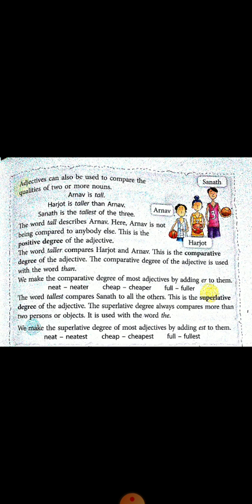This is called positive degree of the adjective. If we are talking about only one person, like Arnav is tall, here we are talking about only Arnav and he is tall.